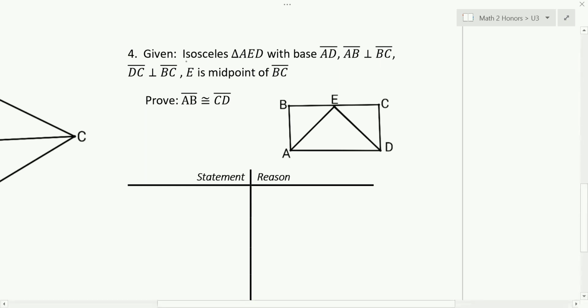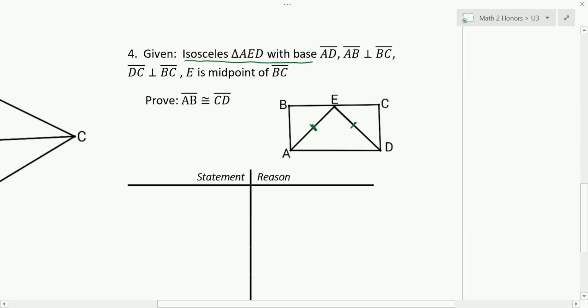If we talk about an isosceles triangle, what do you know that's true about it? 2 congruent sides. So which sides in here would be congruent? AE and ED, perfect.